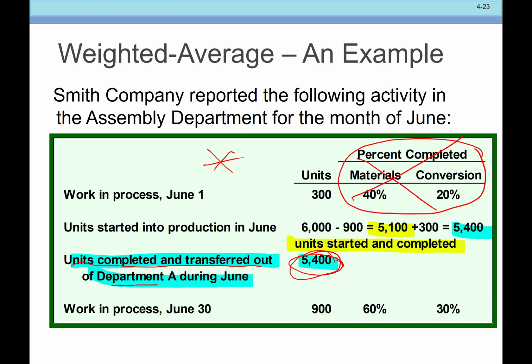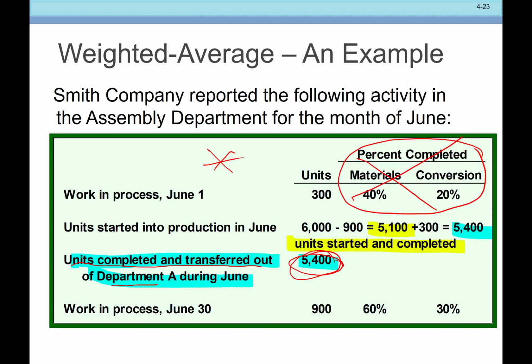And then you would go ahead and add what? The beginning units of 300, because if you started and completed these 5,100, then you must have completed the units that were already started at the beginning. And so you'll see a couple of problems that'll tell it to you like that, and you're going to have to back into units completed and transferred out that way.